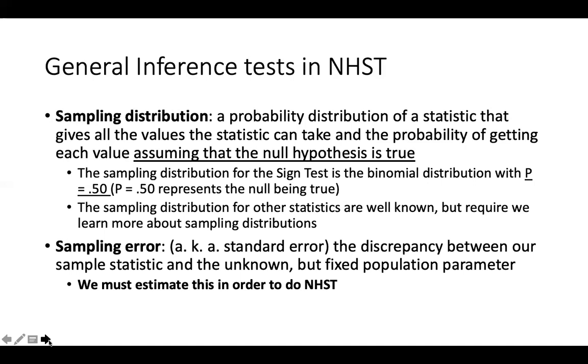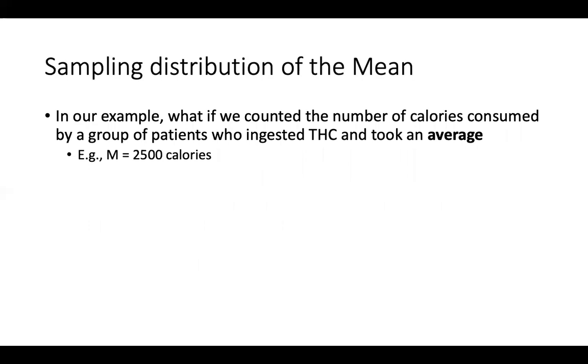If we want to use a sample mean, so for example, if we wanted to evaluate the average amount of calories that someone would eat under the condition that they were given THC, we have to estimate, on average from sample to sample, how much the mean value should fluctuate. And so this is called the sampling distribution of the mean.